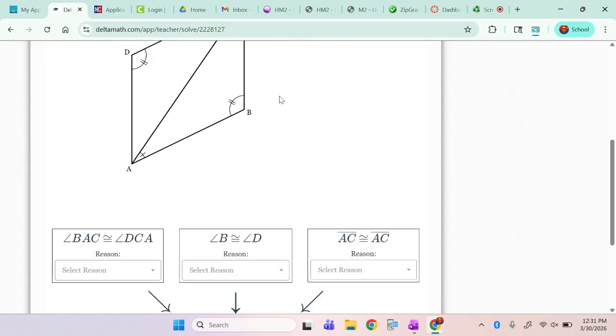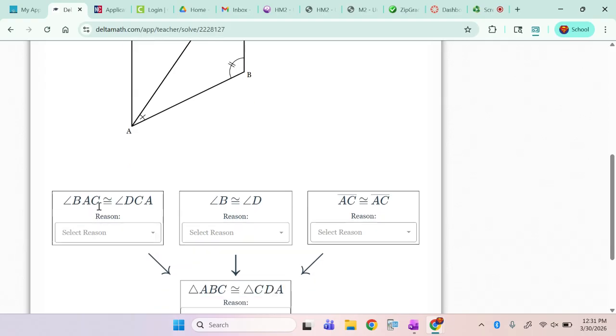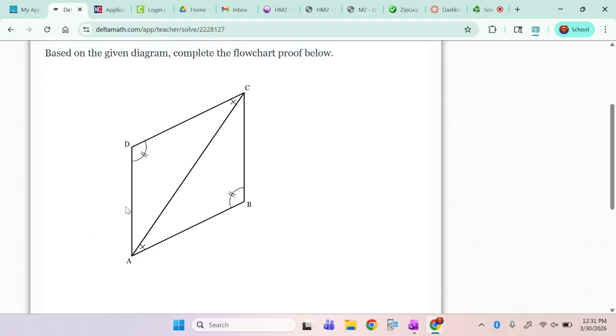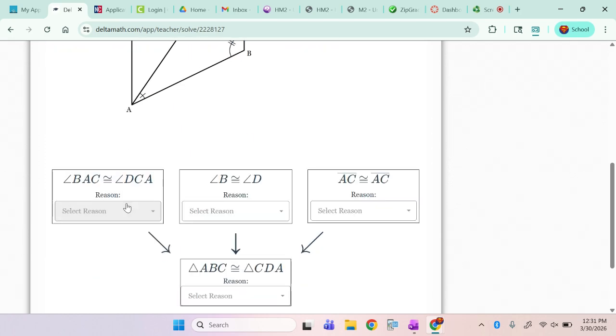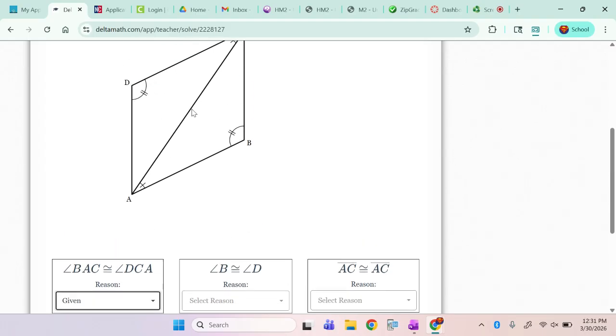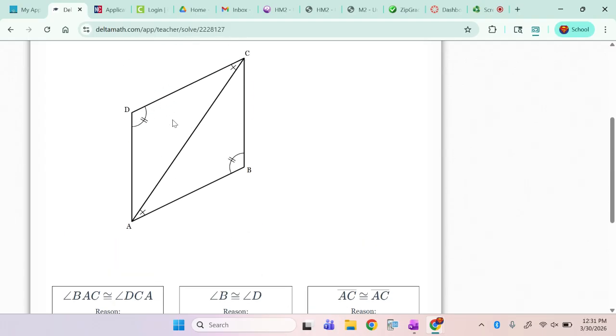If I say angle BAC is congruent to angle DCA, so BAC, it's this one tick right here, is congruent to DCA, so this one tick right here. Why can I say those are congruent? They gave it to us, so we can say it's given. They then said that angle D is congruent to angle B. Why can I say that?